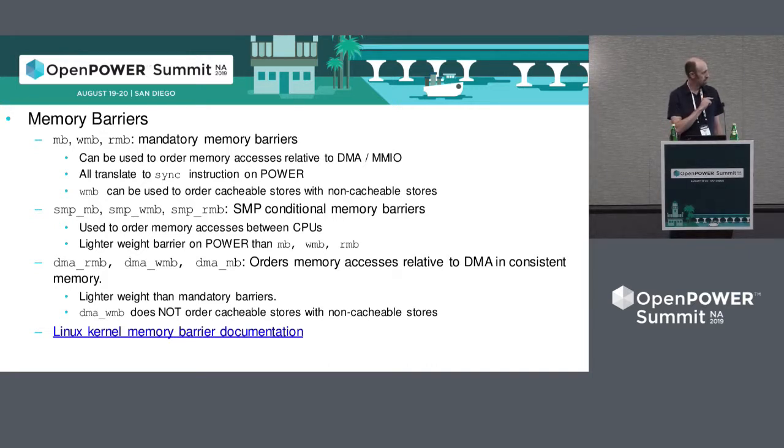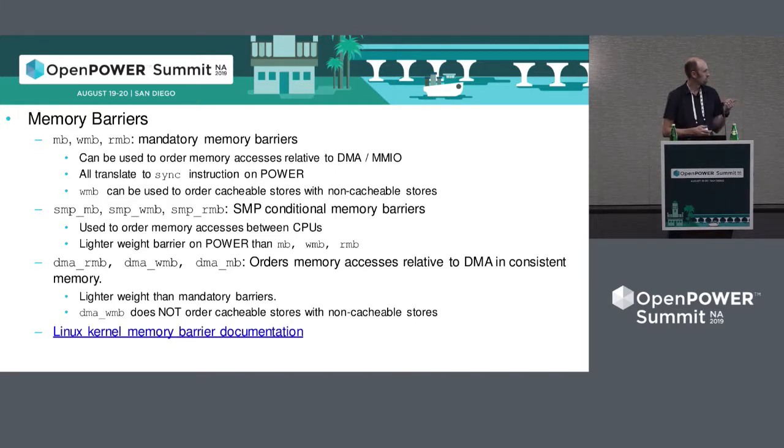Today, these all translate to a hardware sync instruction on Power, which is a pretty heavyweight instruction. You don't want to just sprinkle these into your code in the performance path unless you really need one. But they do allow for synchronization not only between CPUs, but also between cacheable and non-cacheable stores.